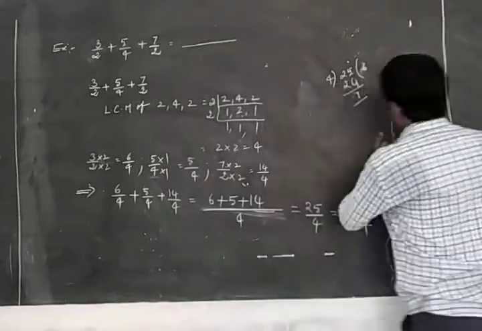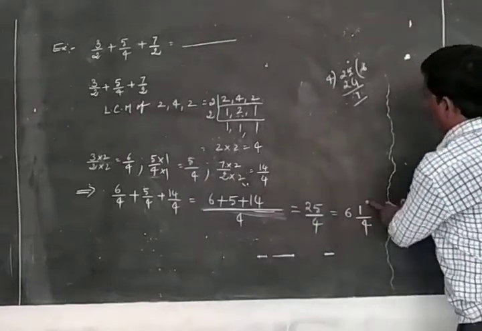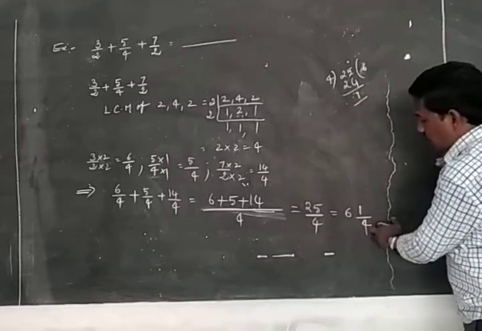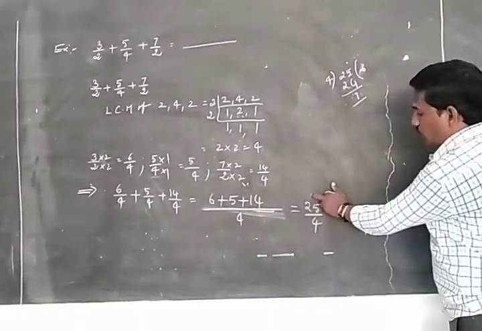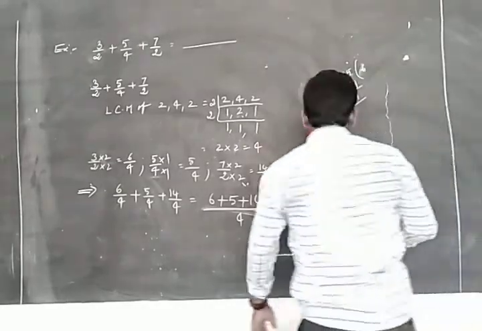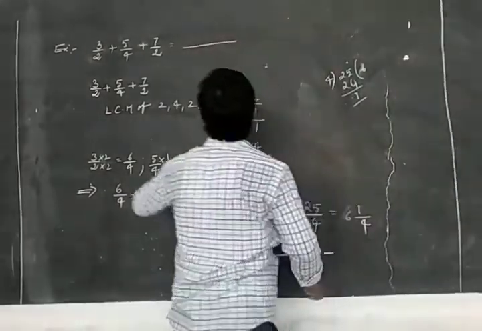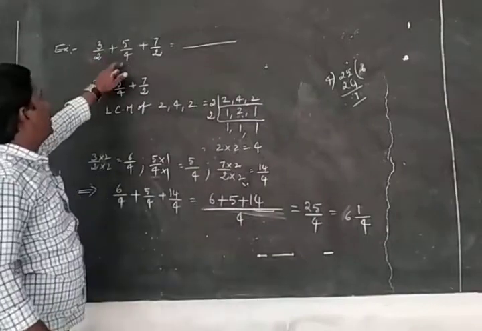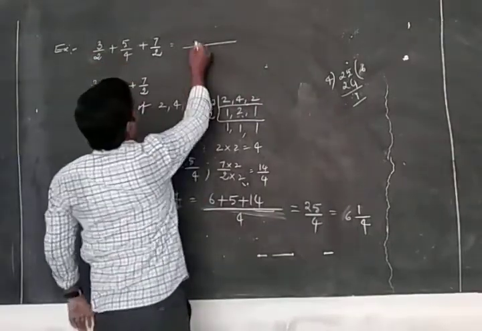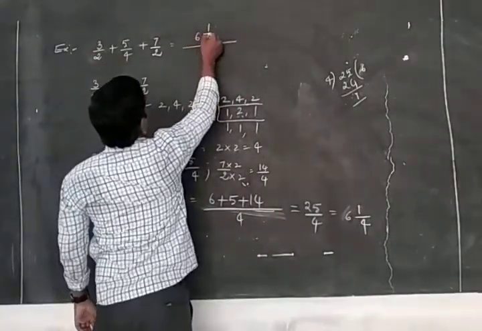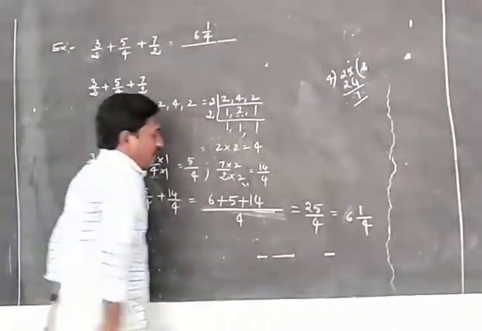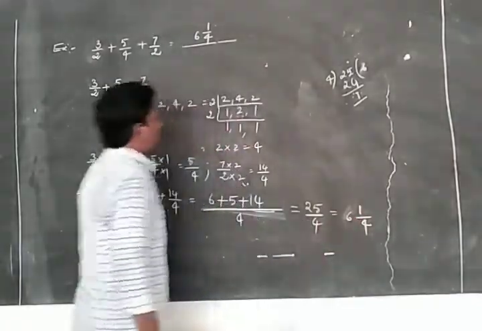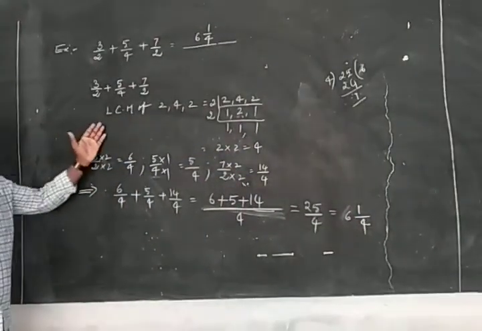This is the quotient, remainder and divisor. 6 4s are 24 plus 1, 25 by 4. So this is the mixed fraction. This is the answer: 3 by 2 plus 5 by 4 plus 7 by 2 equals 6 1 by 4. 25 by 4 means 6 1 by 4. So this is the addition of three fractions.